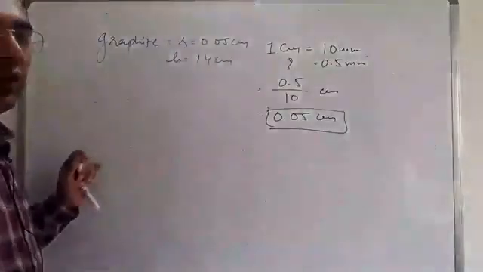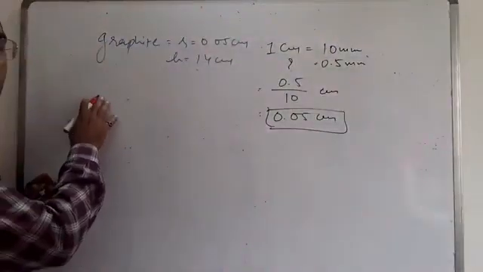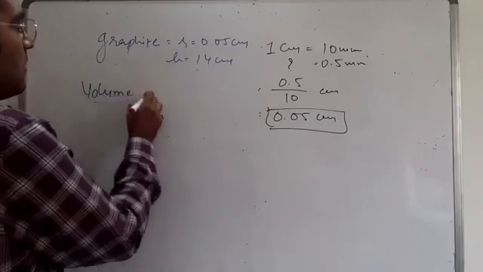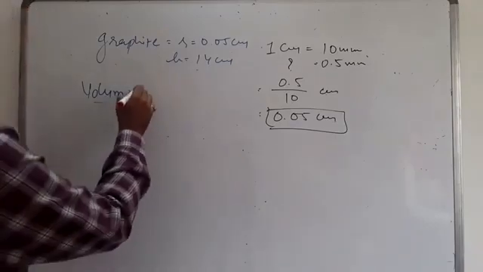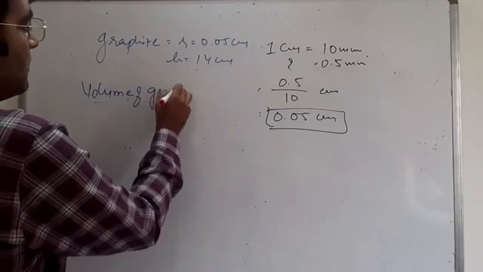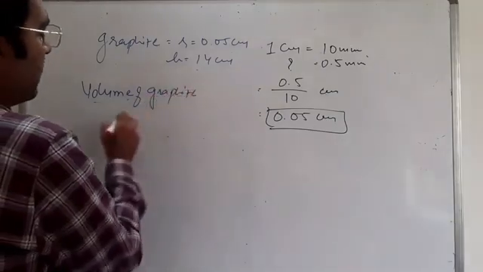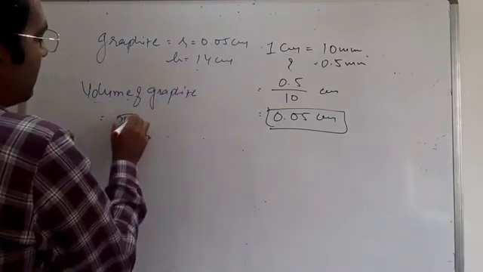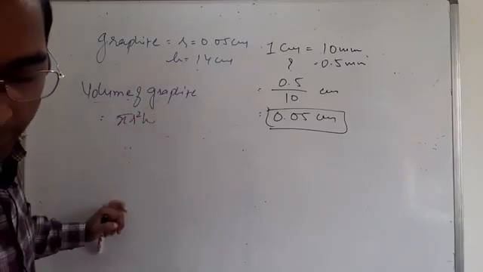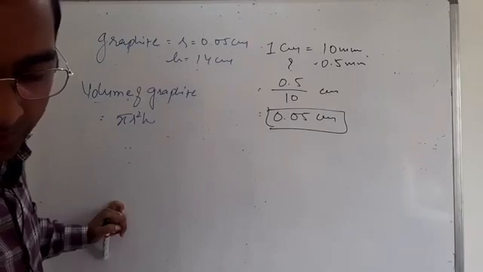So I have to find the volume of this graphite. Volume of graphite is pi r square h.